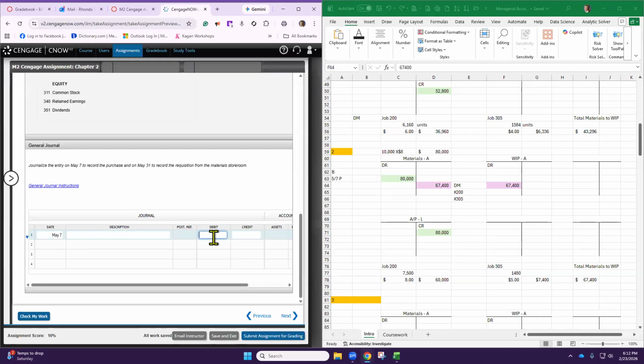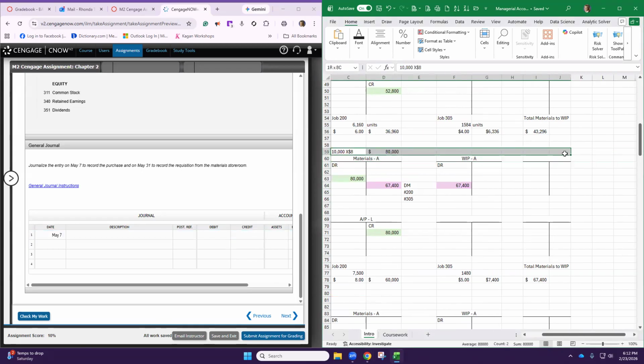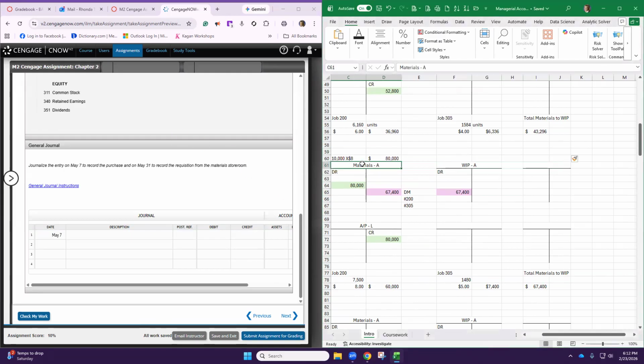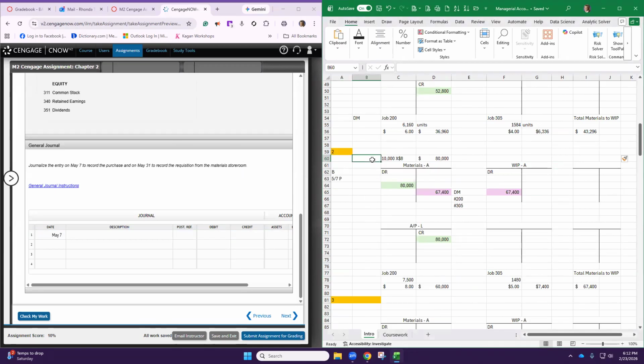All right, we figured that right here. So this is the purchase. Okay, we want to make sure we label stuff. All right, so this is the purchase calculation.